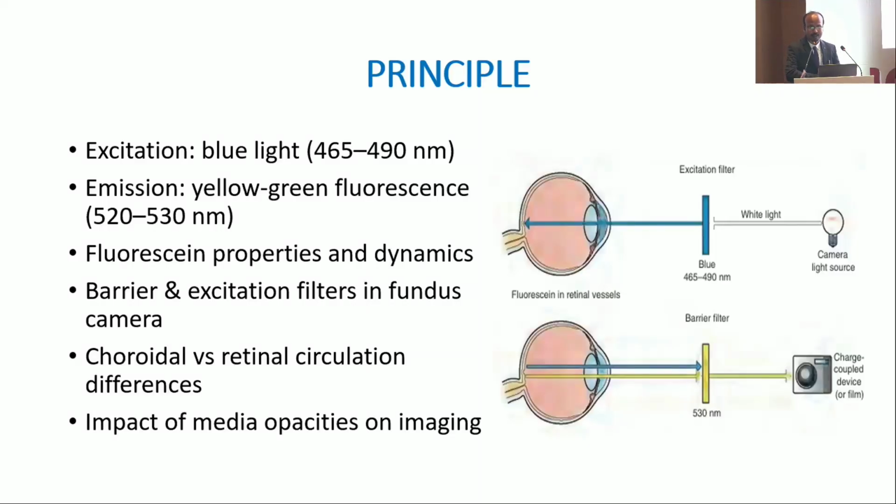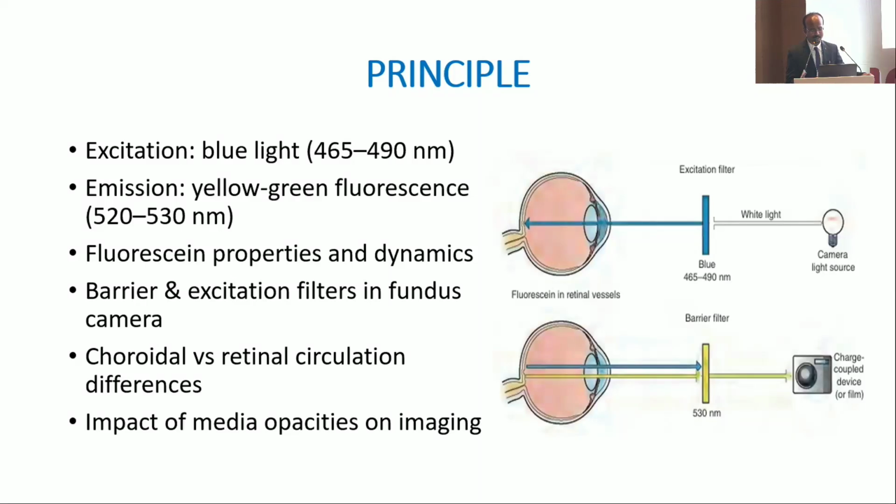We have a dye, the hero is the dye, that is fluorescein, which has the property of fluorescence, which is nothing but when we excite the dye, the particles absorb the light and go to a higher energy state, and while coming back, the extra energy is emitted as a different light. So the excitation light, in case of fluorescein dye, will be blue, which is around 465 to 490 nanometers, and the emission will be in the yellow-green spectrum, that is 520 to 530 nanometers.